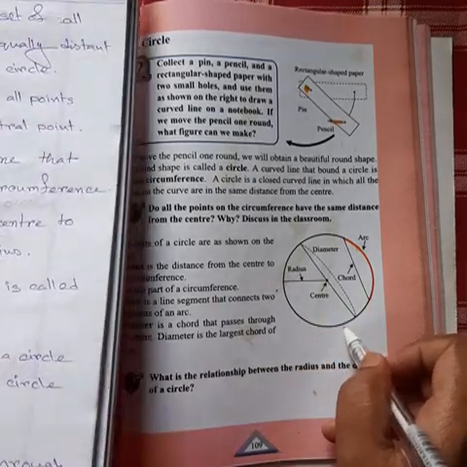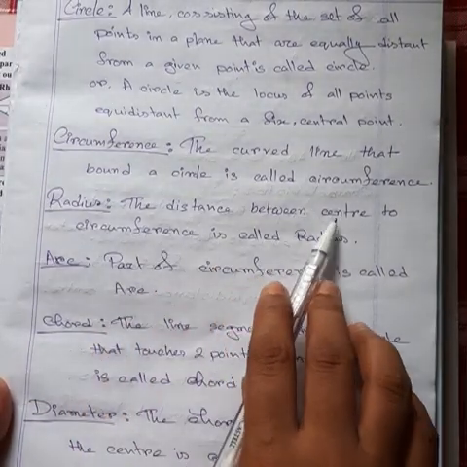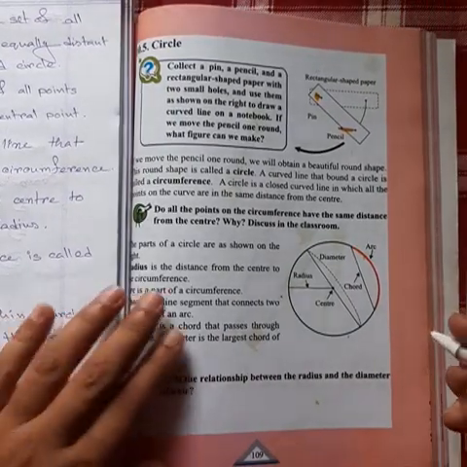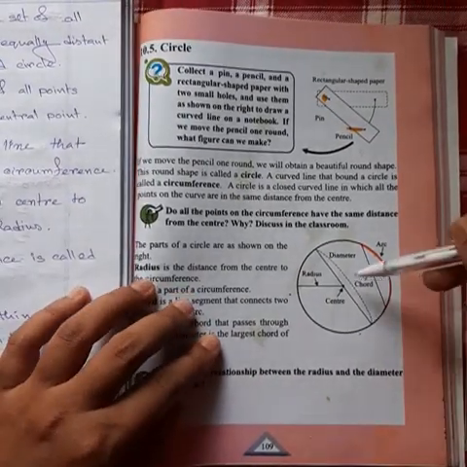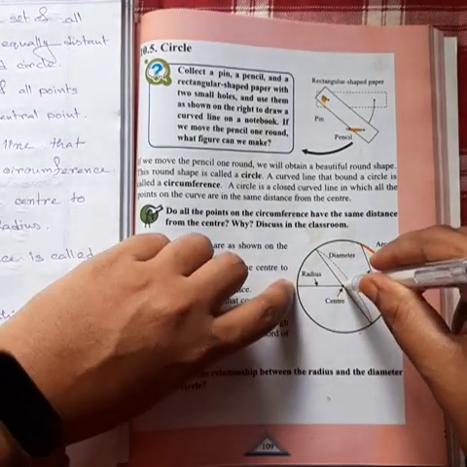Now the next point is radius. Radius is the distance between the center and the circumference. The distance between the center and the circumference is called radius. This is the center, the main center or core point, and this is the circumference.